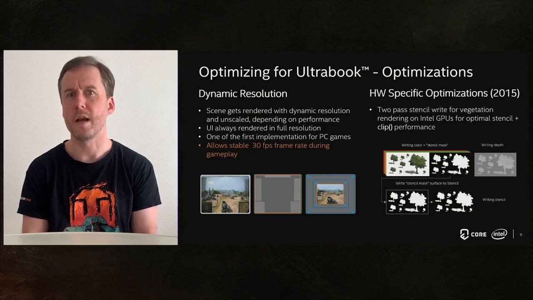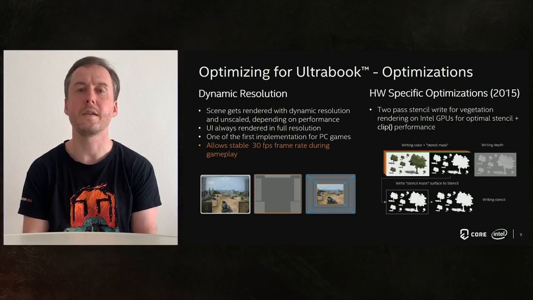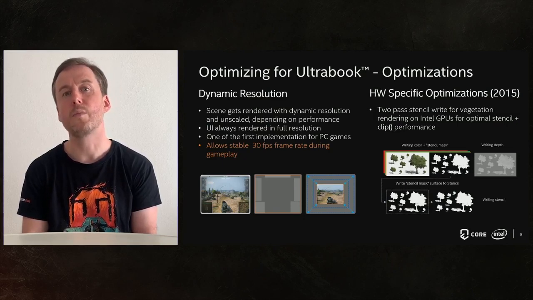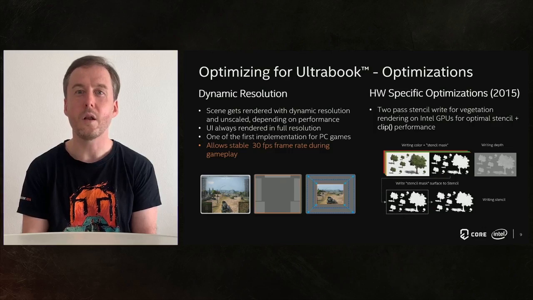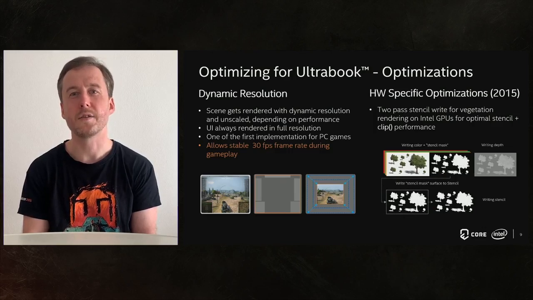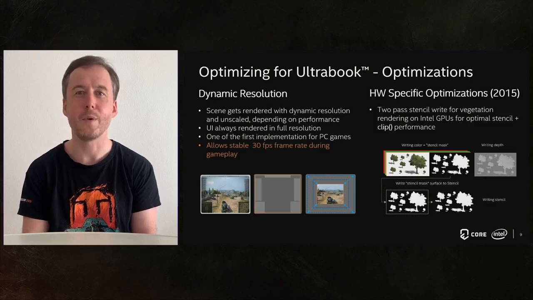Dynamic resolution rendering is one of the techniques which led to improved performance in those moments by temporarily reducing quality by reducing the size of the world rendered while keeping the UI at the same resolution.